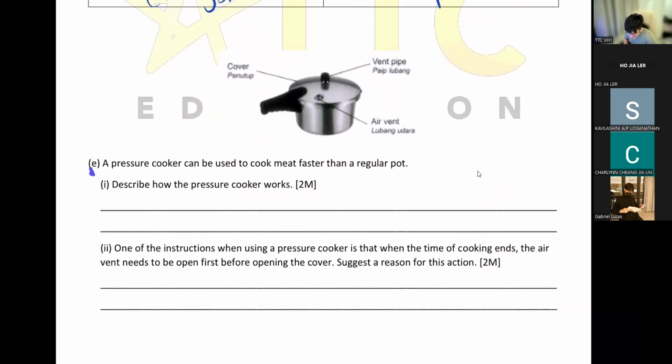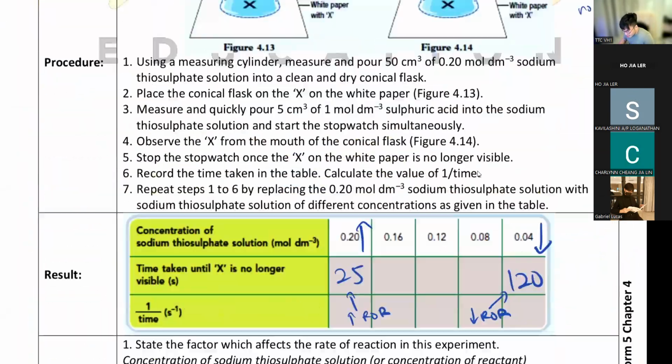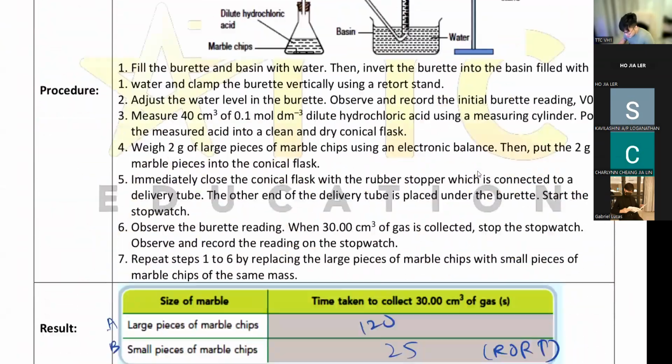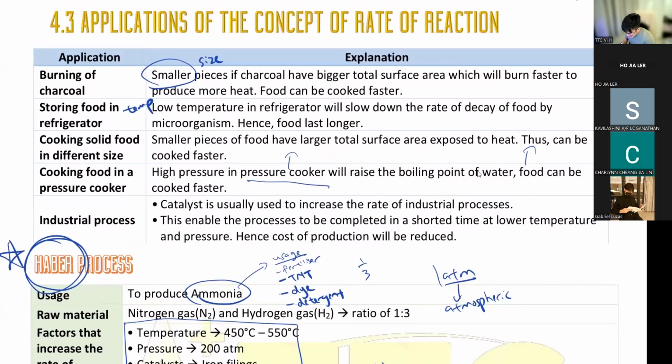A pressure cooker can be used to cook meat faster than a regular pot. Describe how the pressure cooker works. Actually, I forgot the point already. They will increase the boiling point of water, I think. I think it's mentioned here. There, you see, raise the boiling point of water. Sorry, forgot about that.